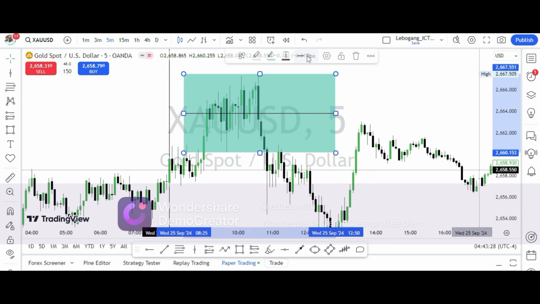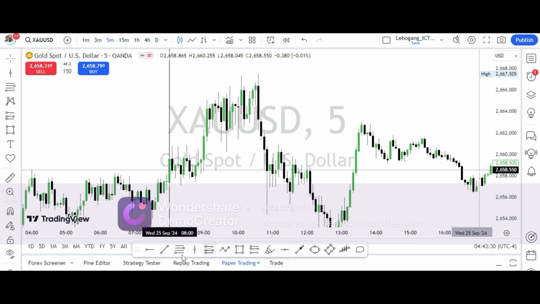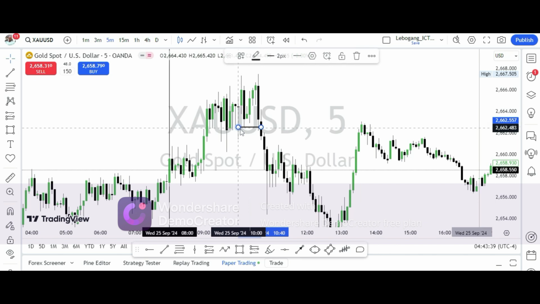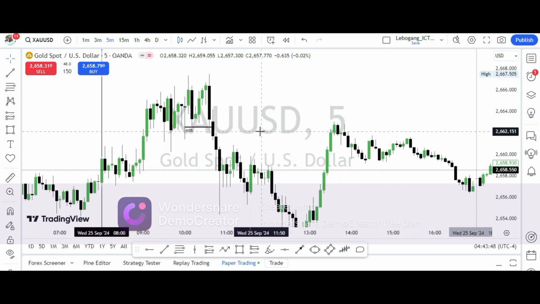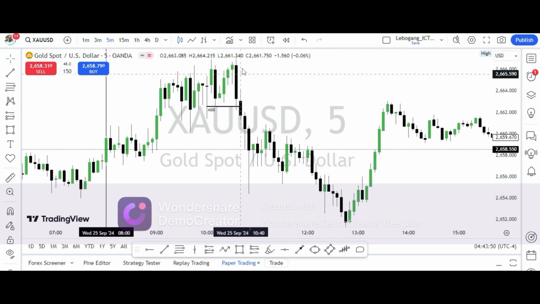So as soon as we got this condition here, that's when we started to look to see if price will go down.